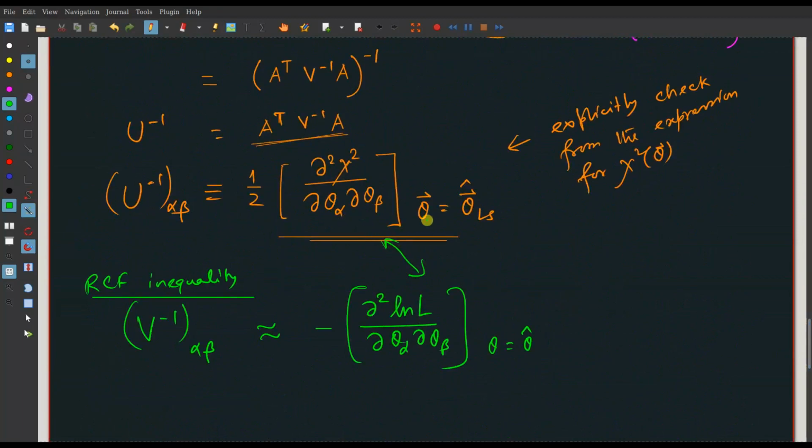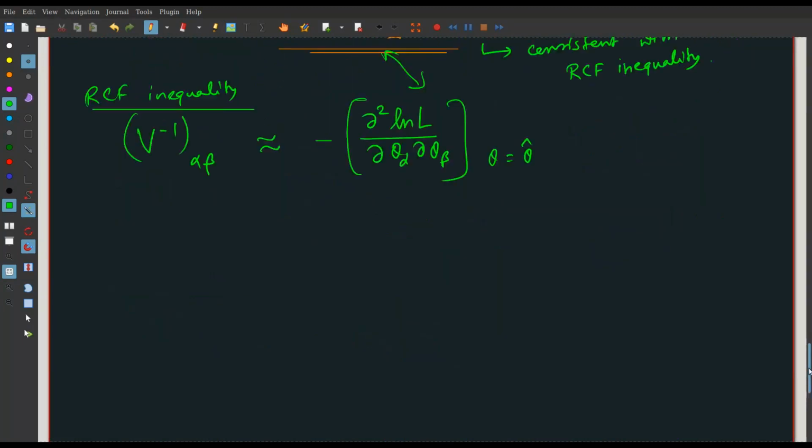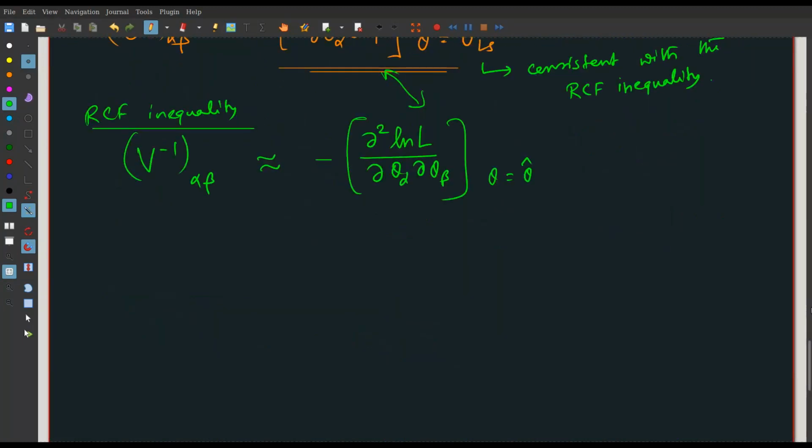So this is also consistent with the RCF inequality, or the RCF bound.